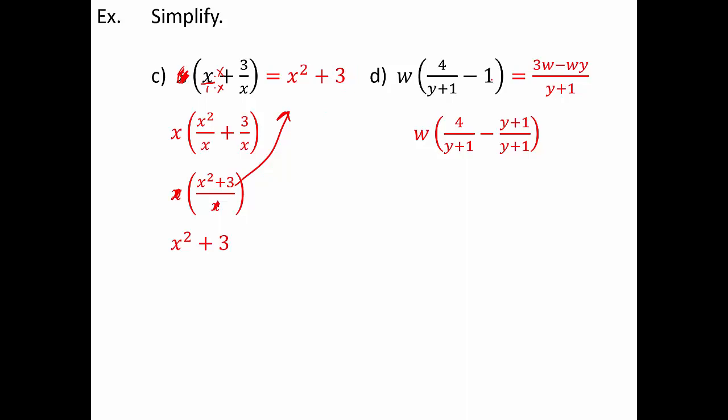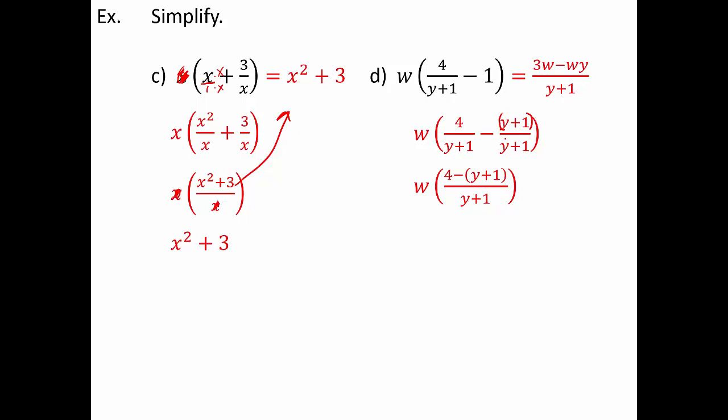Same thing over here. 1 is, of course, y plus 1 over y plus 1 in order to get that common denominator. Rewrite this as a single fraction, and here's the part that typically trips people up. You have to put parentheses around the y plus 1 because we're not just subtracting the y, we're subtracting the quantity y plus 1. Anytime you're subtracting multiple terms, you need to put parentheses around those multiple terms.